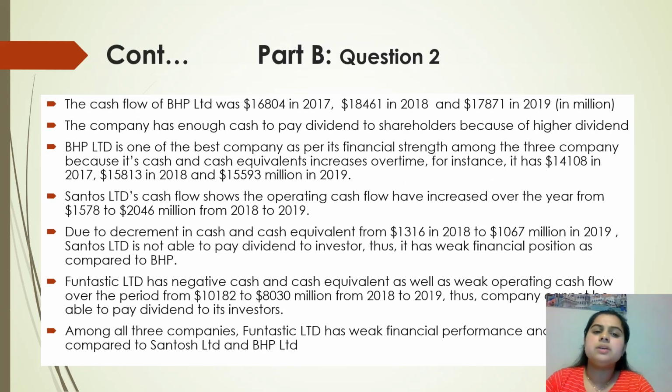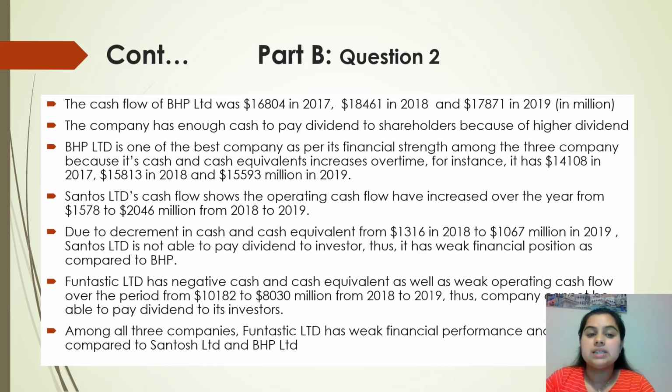The cash flow of BHP Limited was $16,804 in 2017, 18,461 in 2018, and 17,871 in 2019, all in millions. The company has enough cash to pay dividends to shareholders because of its high dividend.